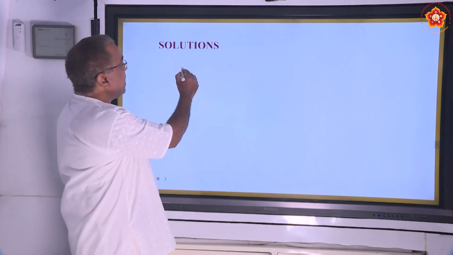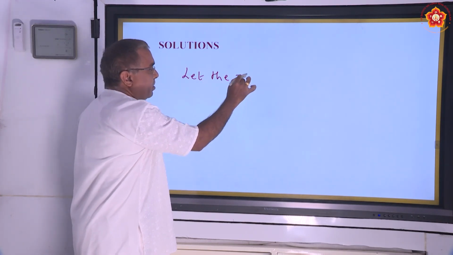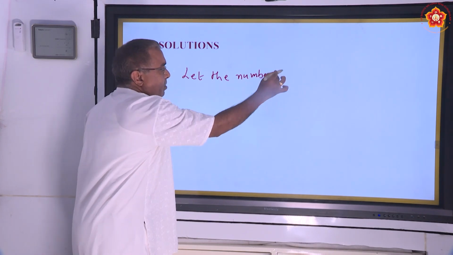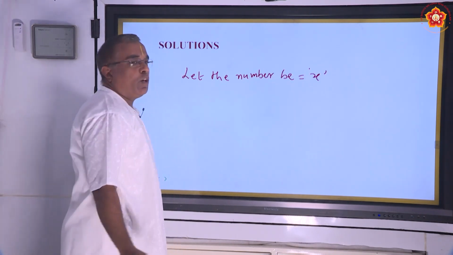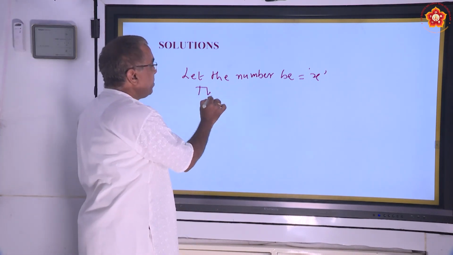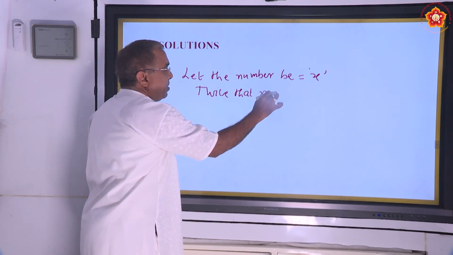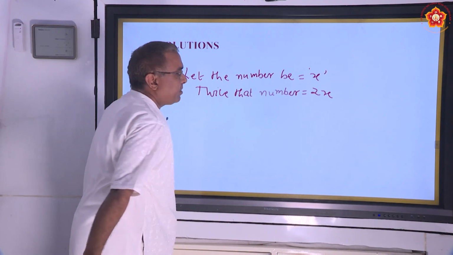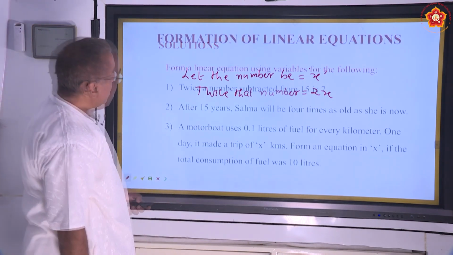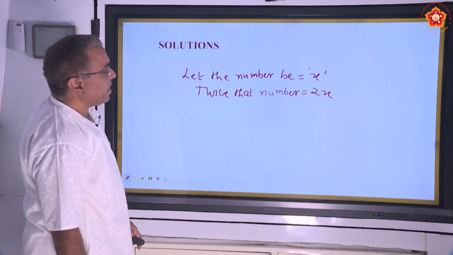So, let the number, twice a number they are telling. We do not know what is that number, we will take it as x. What will be twice of that number? Twice that number, it is going to be 2 times of x. So, the condition states that twice a number subtracted from 15 is going to be 7.